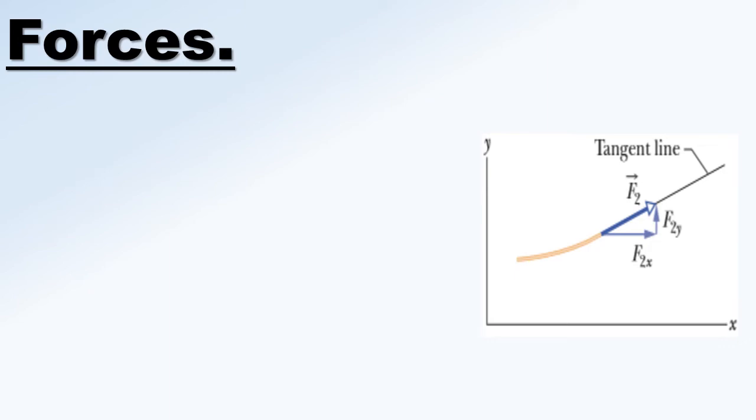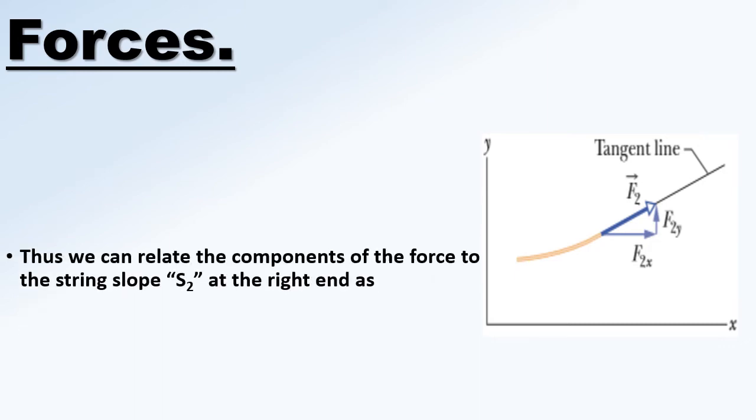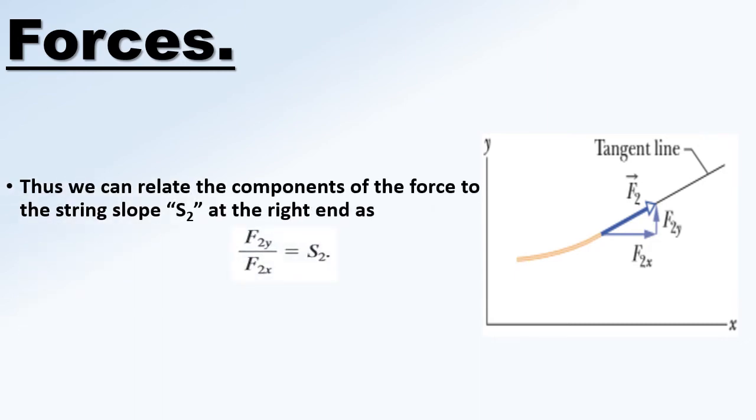If we denote the slope at the right end as S2 and relate it to the components of the force, we can write S2 equals F2y divided by F2x, as we can see in this equation.